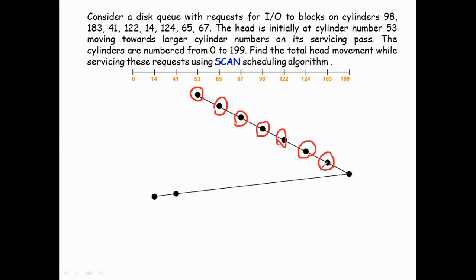Next, the head will reach the end. The end is 199. And it will start moving to the other end of the disk, servicing the requests 41 and 14. Since there are no requests, the head will be stopped here.